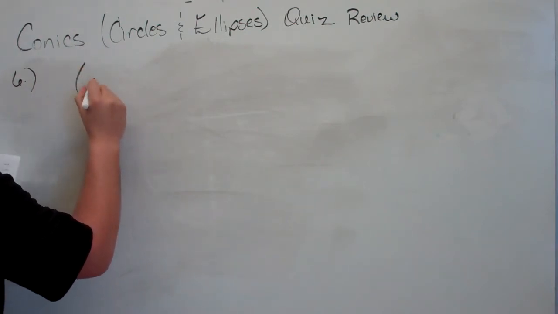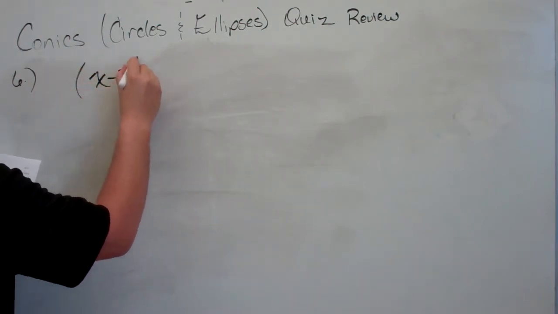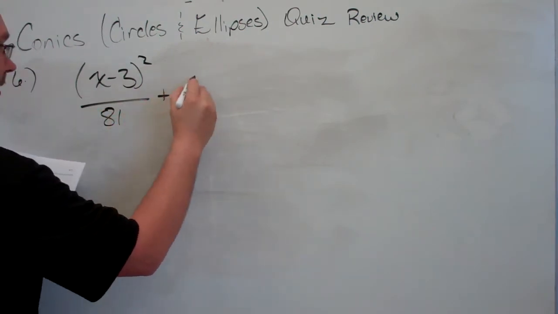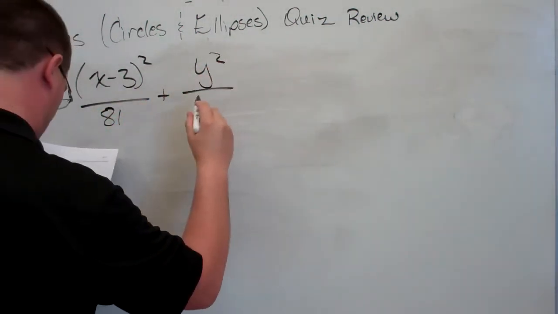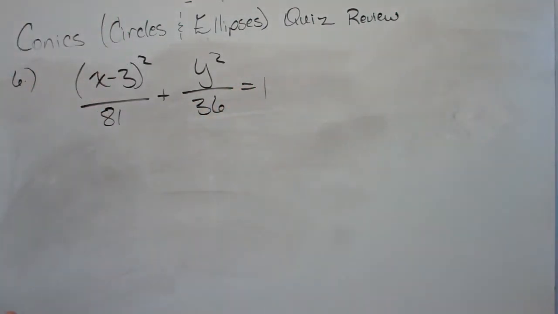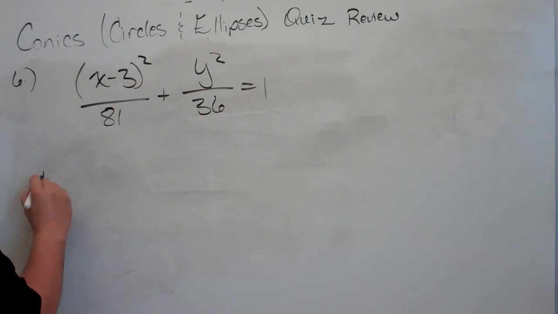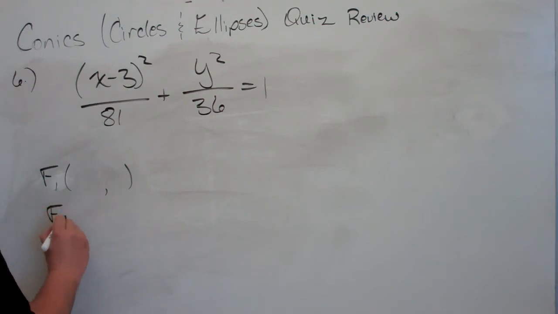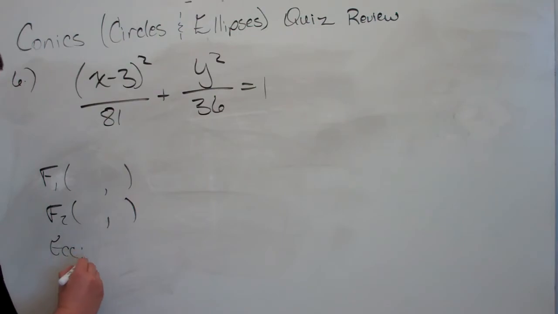So we have x minus 3 squared over 81 plus y squared over 36 equals 1. And we want the 2 foci points, the 2 focus points. So I'm going to call it f sub 1 and f sub 2. And we want the eccentricity.